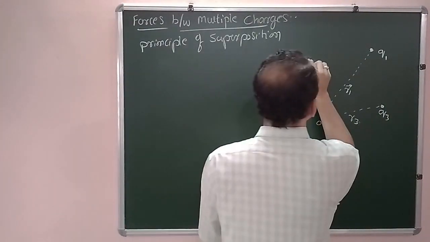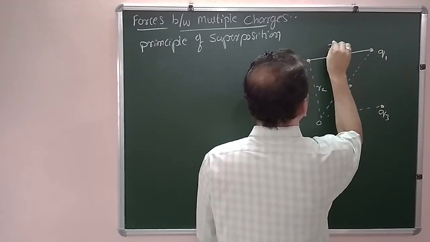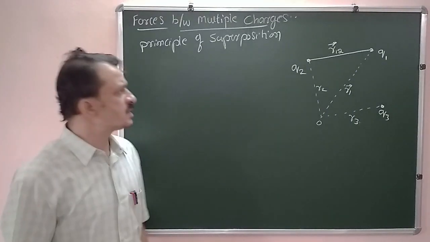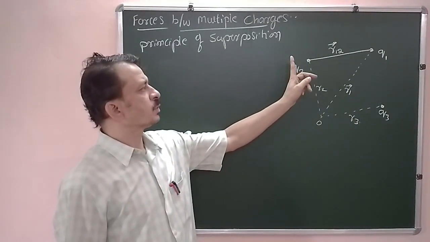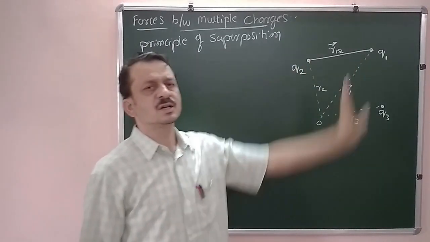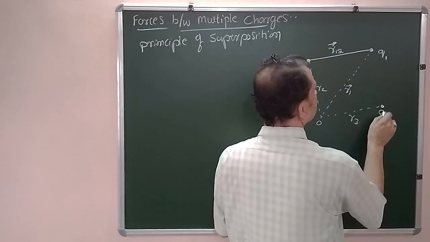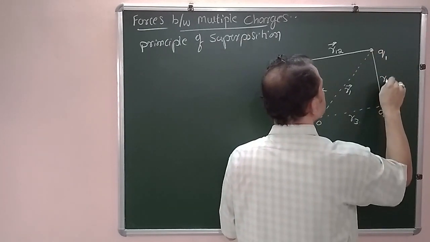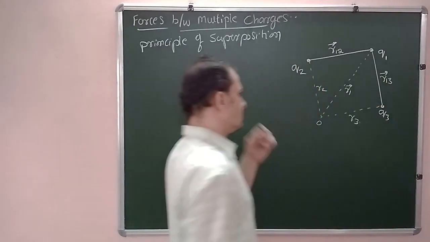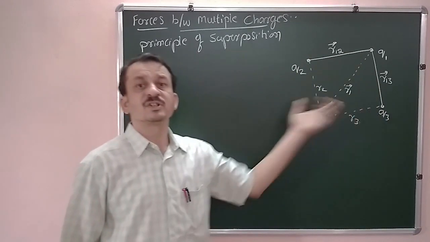Now the distance between these two, let me write this as vector R12, it is the position vector of charge Q2 towards Q1. The position vector of Q3 towards Q1 can be written as R13 vector.